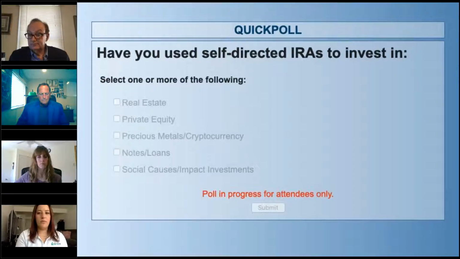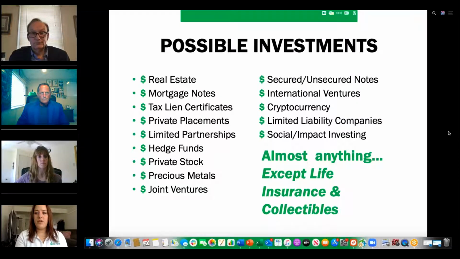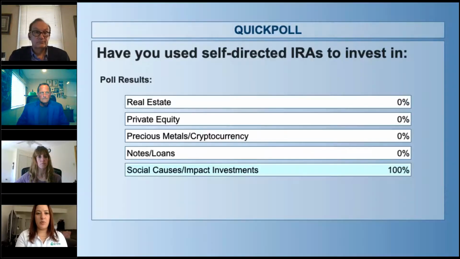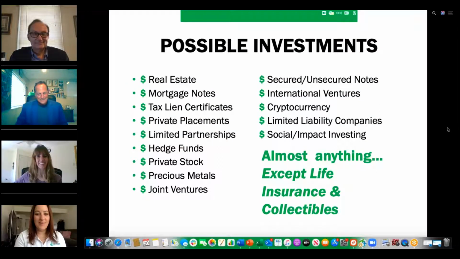Okay, I will close that one out. Share the results, and it looks like the majority of us are either already invested in or interested in investing in social causes and impact investments. So obviously you guys are here today for a reason, and that would be it. So with that, back to you, Britt.